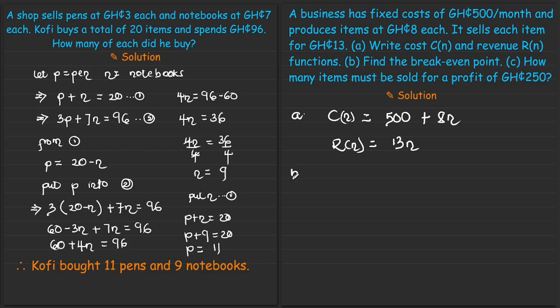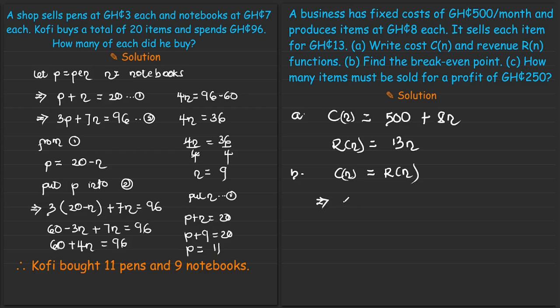Now B says you have to find the break-even point. As I've explained, at break-even, it simply means the cost is equal to the revenue. And that is, we have to equate these two together.